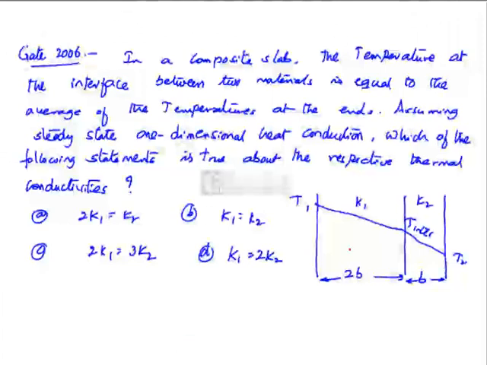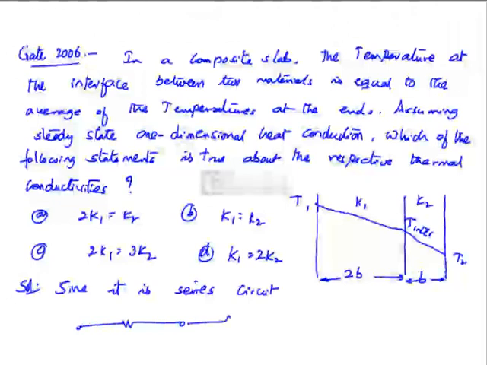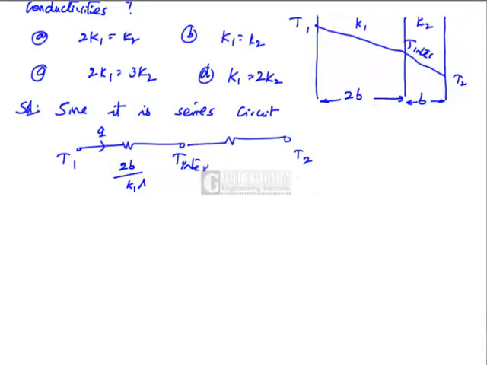Now it is a steady state one-dimensional heat conduction. Therefore, the current should be same throughout. Since it is a series circuit, the thermal circuit is given like this: T1, T interface, T2. The first resistance is 2B by K1A, where A is the area of heat transfer, which is same throughout.